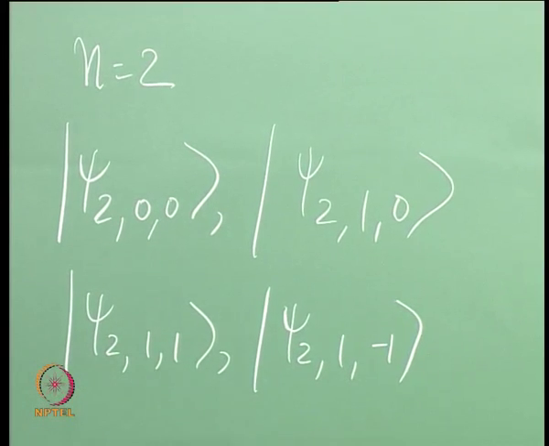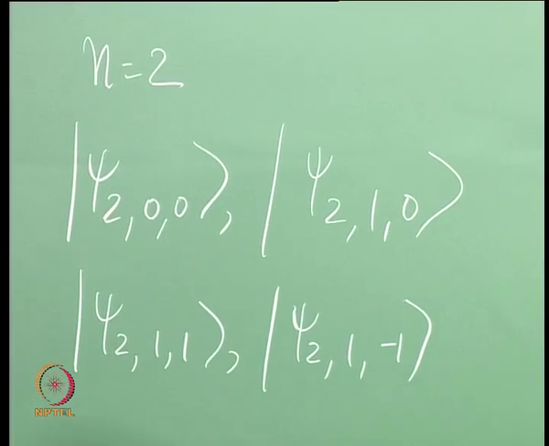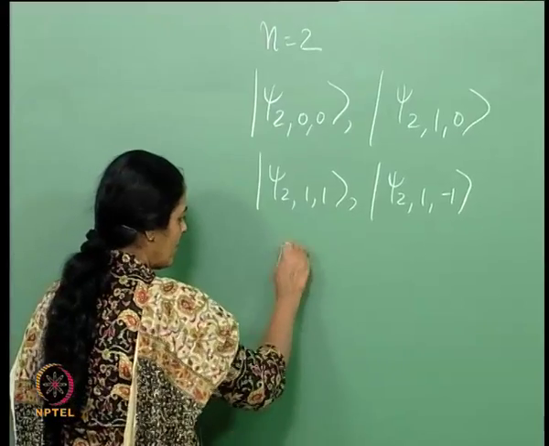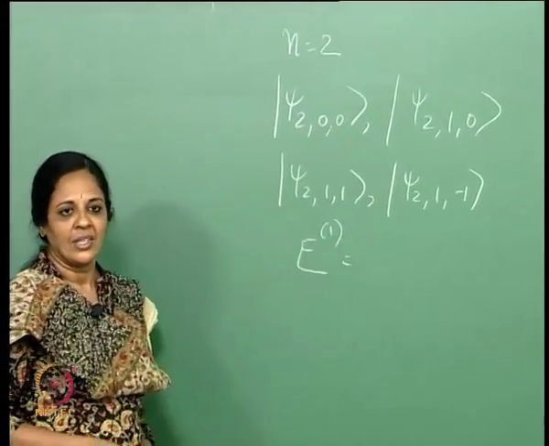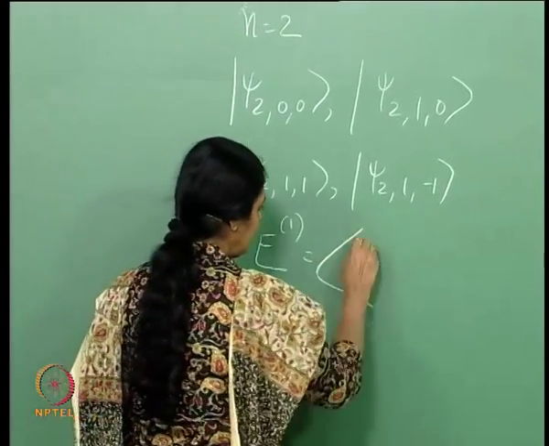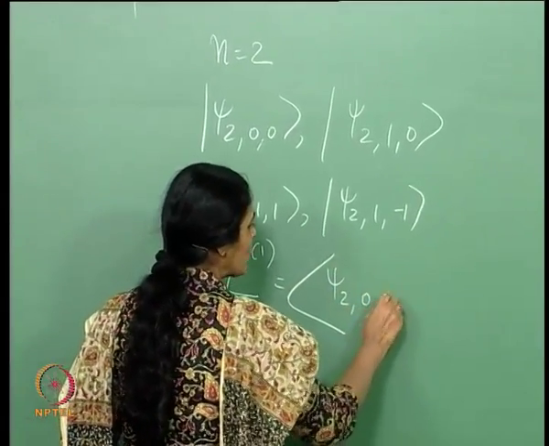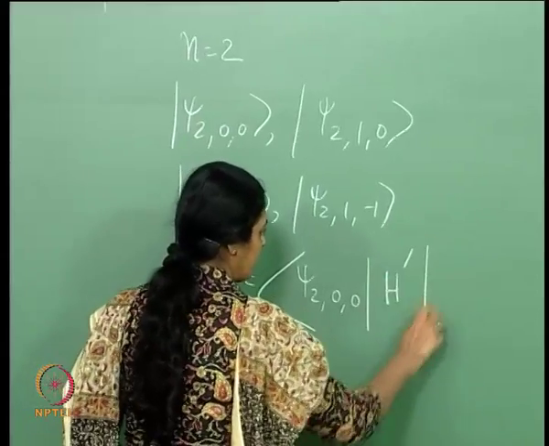So, we have these 4 states. Now, what is the first order contribution to the energy in these states? What is E1? For instance, if you take the state psi 2 0 0, I need to compute this object.